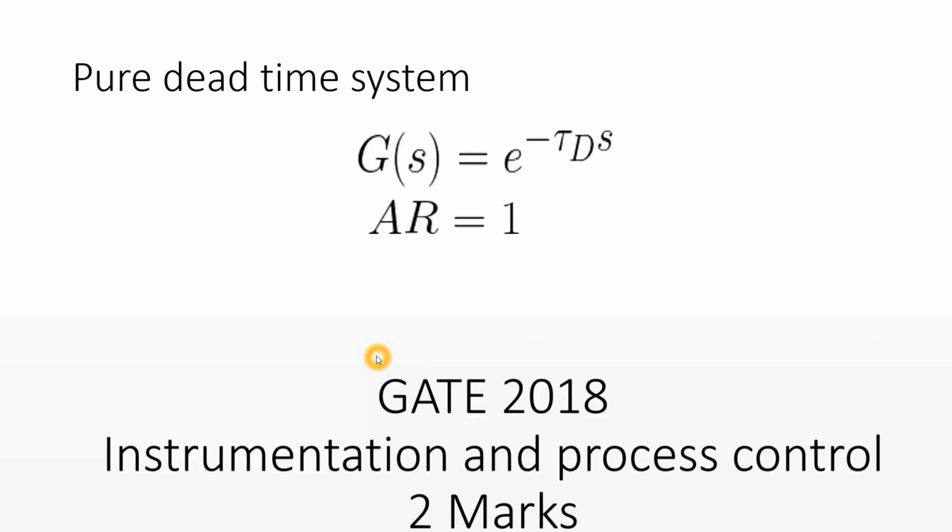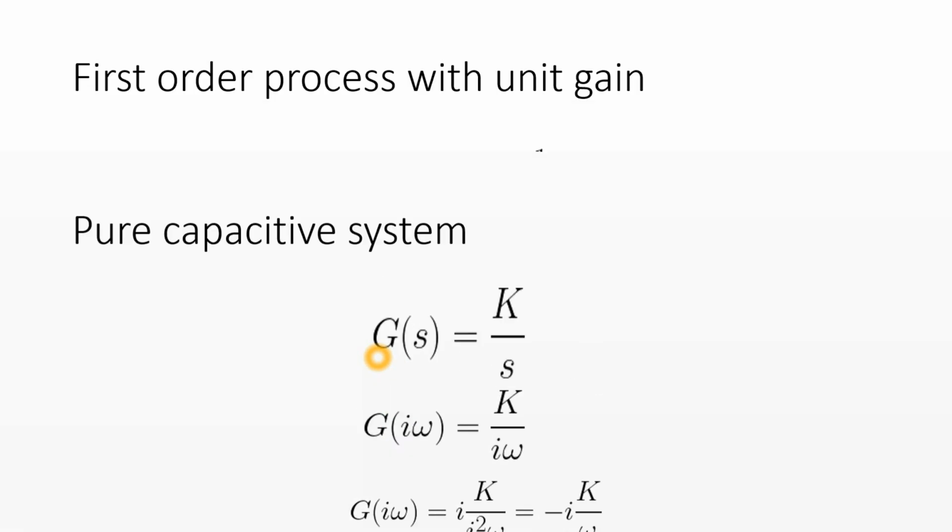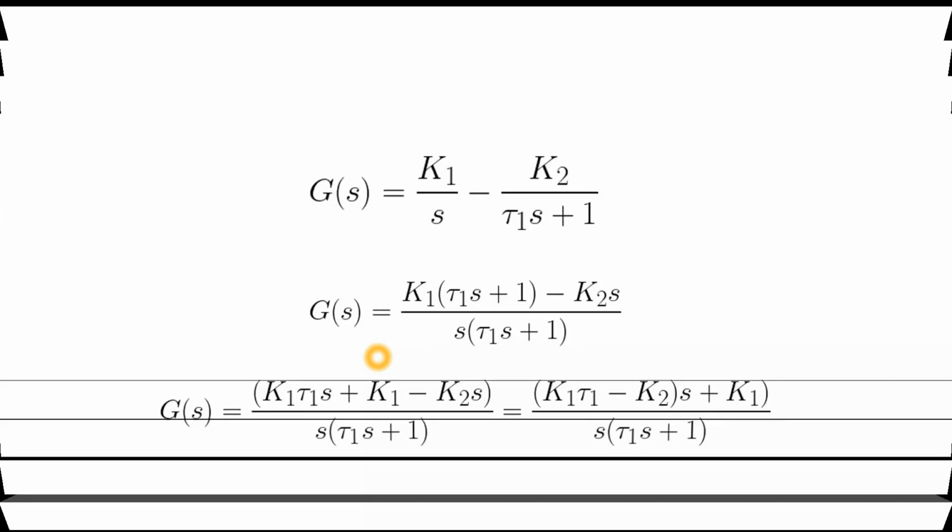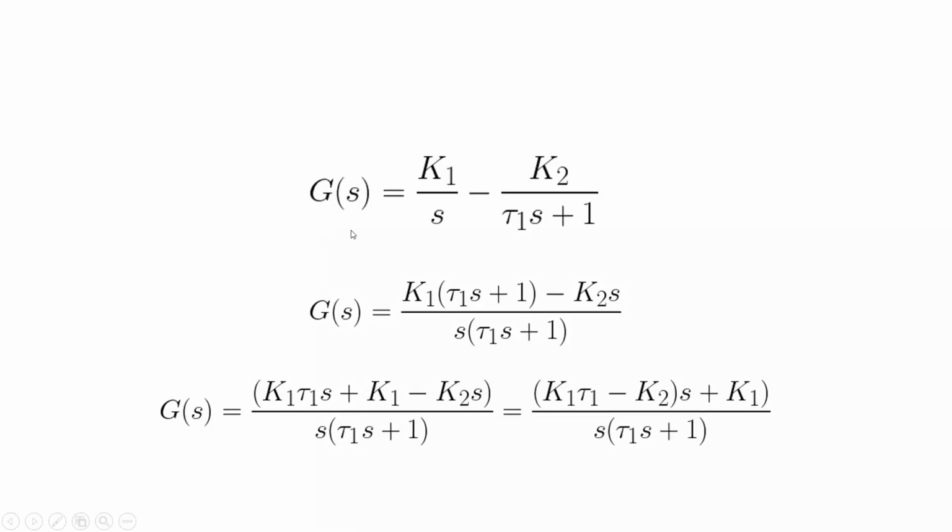You can see here, for inverse response, the given transfer function is G(s) equal to K1 by s minus K2 by tau s plus 1. We will do one thing: K1 into tau s plus 1, and I am just solving this. G(s) is equal to (K1 tau minus K2) s plus K1, upon this.